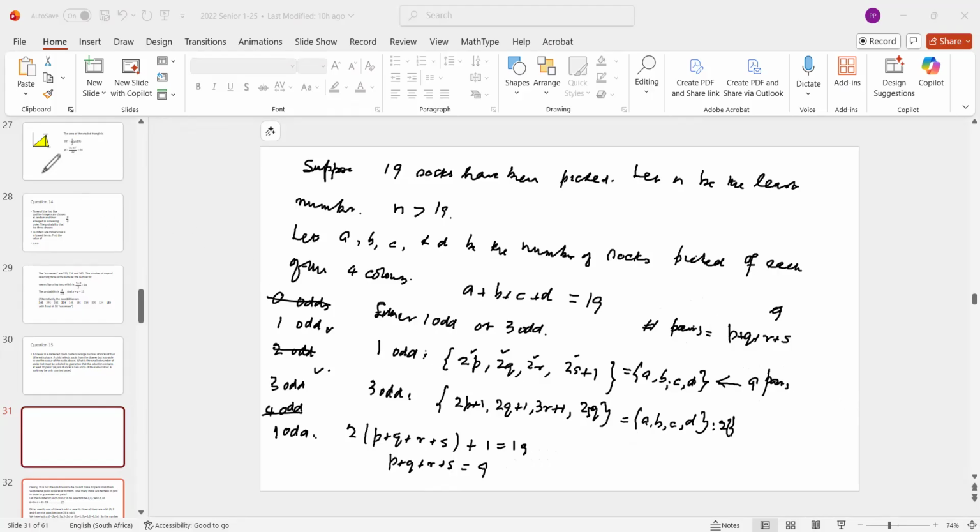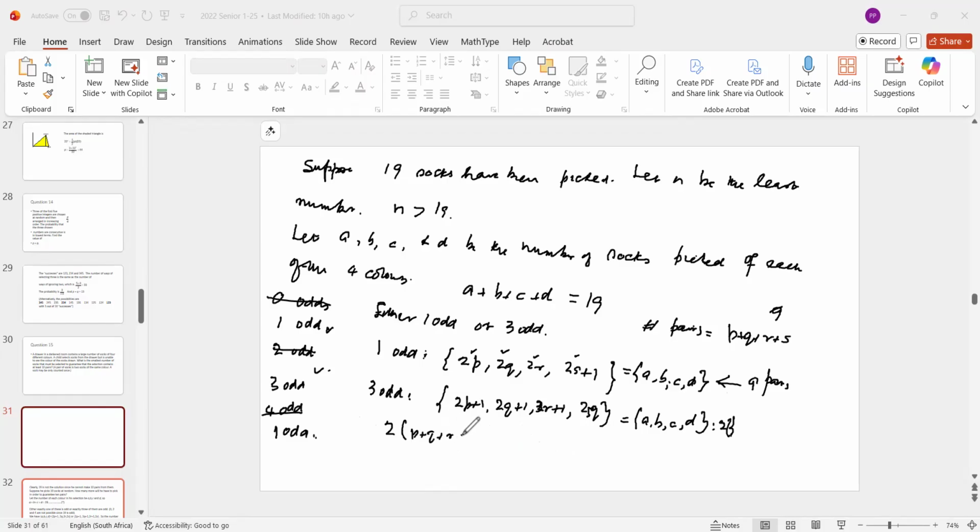And in the second case, I got 3 odd, and that's the story there. And this time when you count these four numbers, this is 2r plus 1. Again, you have 2 into p plus q plus r plus s.